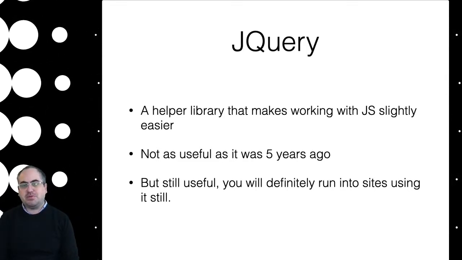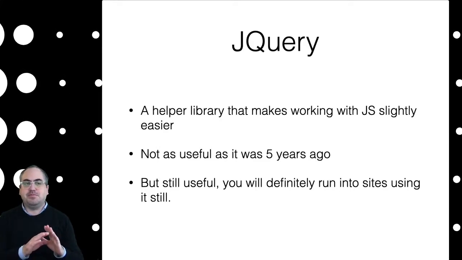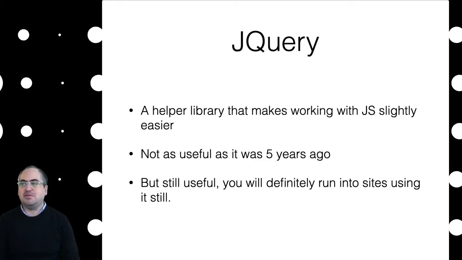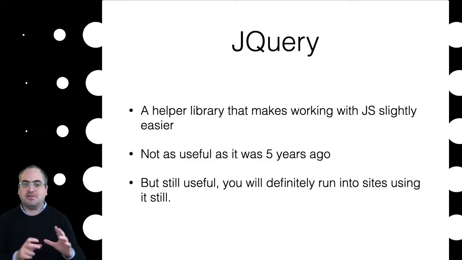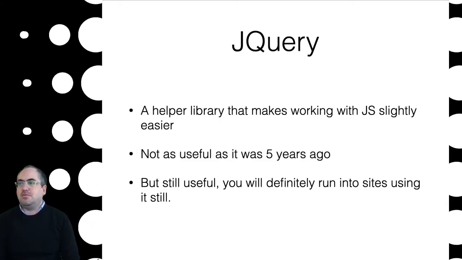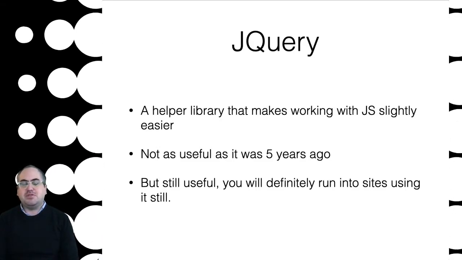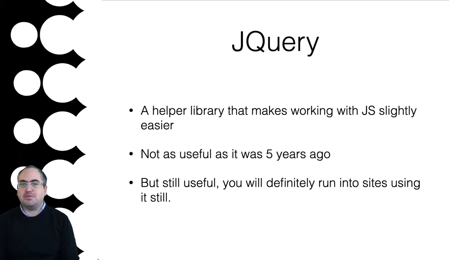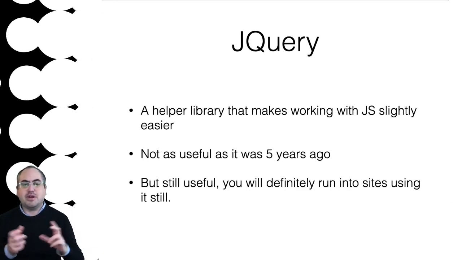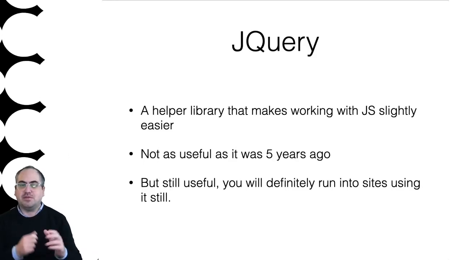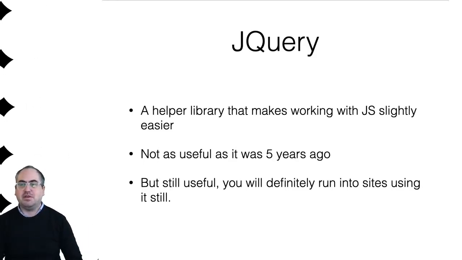So basically, it was a library that simplified web development and simplified doing things in JavaScript across different types of browsers. It's not really as needed as it was back in those days, because most browsers have been aligned, right? All the same ways of doing things in JavaScript have been unified.